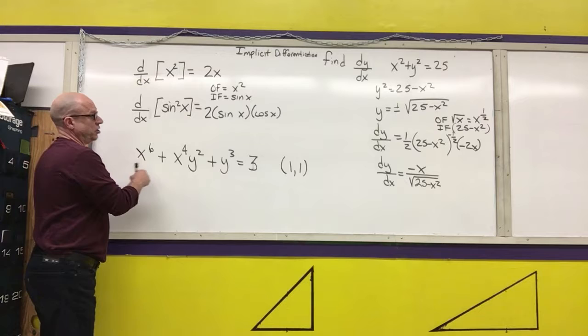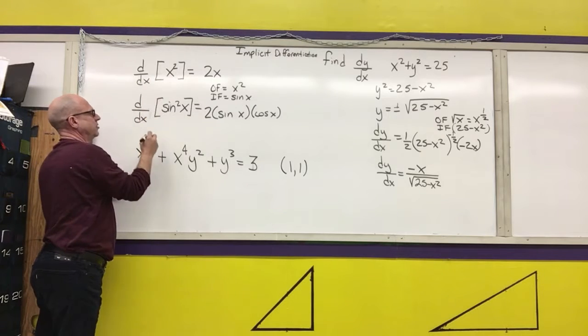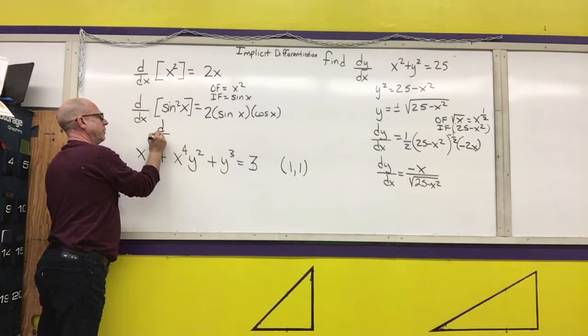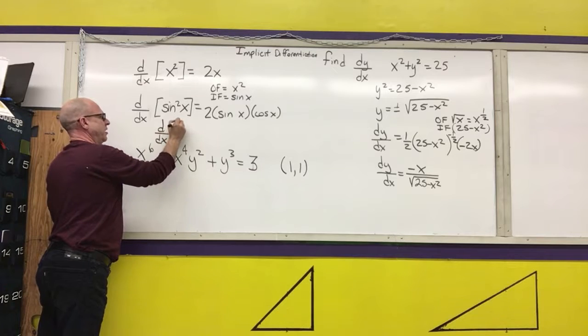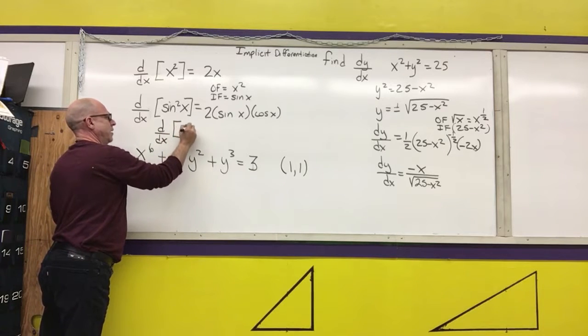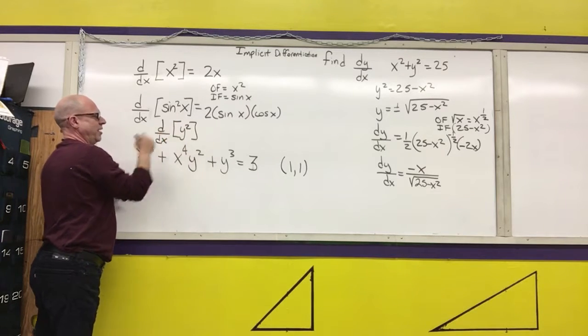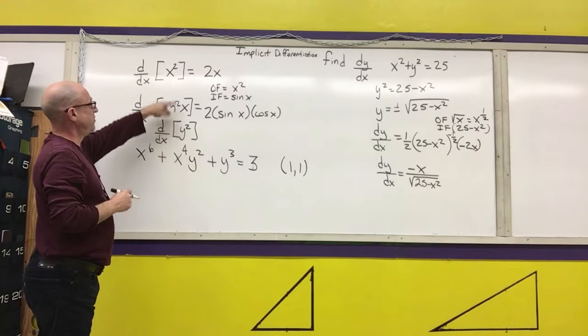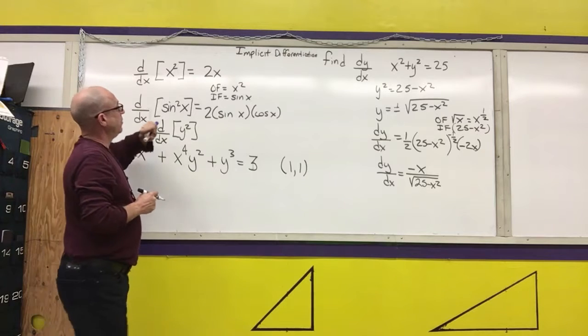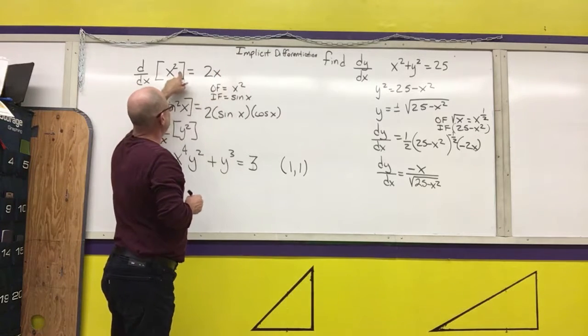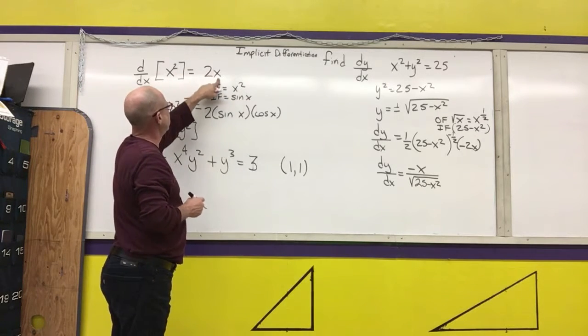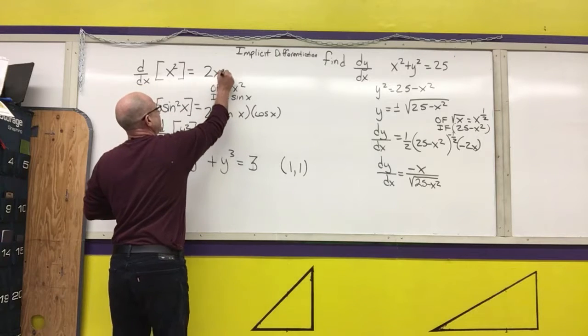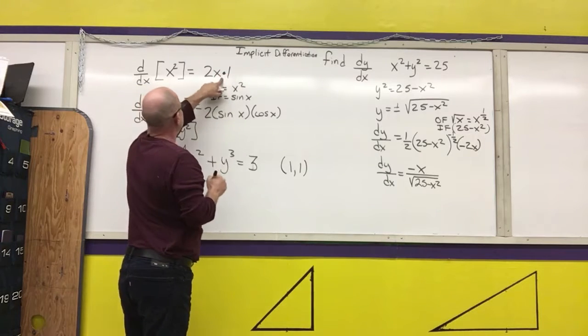So, in order to do this, let's do another something squared. Here we go. And let's just look at this. I want to find d over dx of y squared. What's the derivative of y squared? Well, that's the derivative of something squared. Well, let's see, what did we do here? The derivative of something squared was 2 times that something times the derivative of that something.